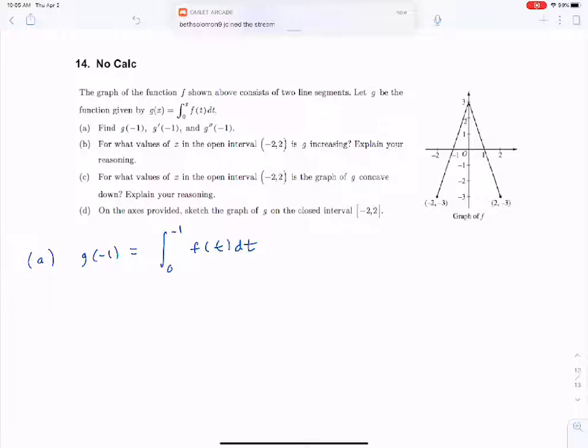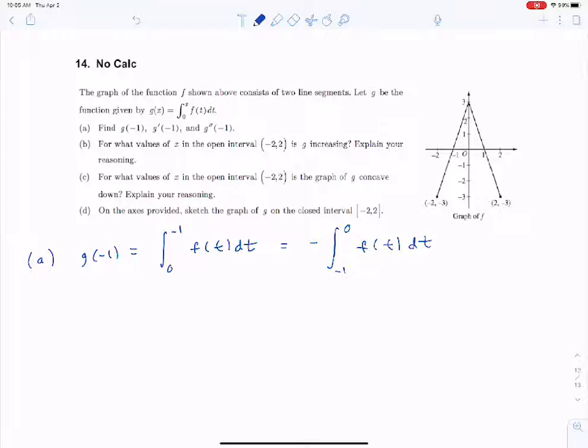Okay, then let's go and do that. So g of -1 is going to be the definite integral from 0 to -1. I think you'd agree this is the same thing as this. I'm using the flashcard to flip the limits of integration.